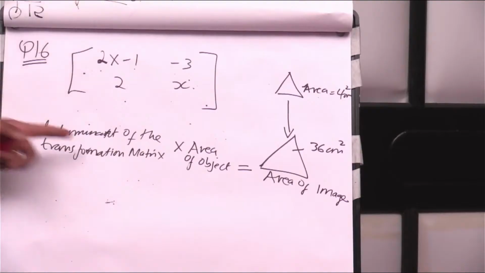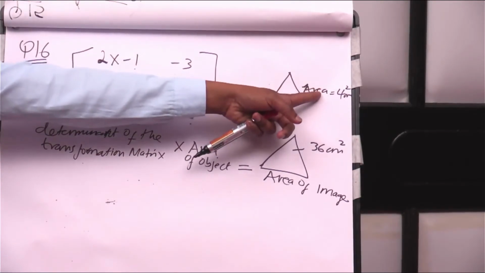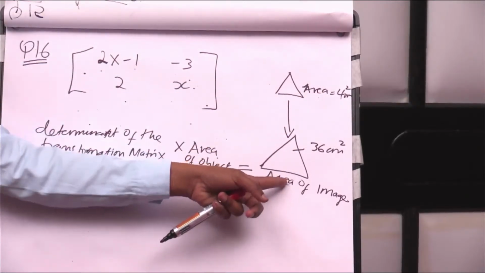So the determinant of this matrix times the area of the object equals the area of the image.